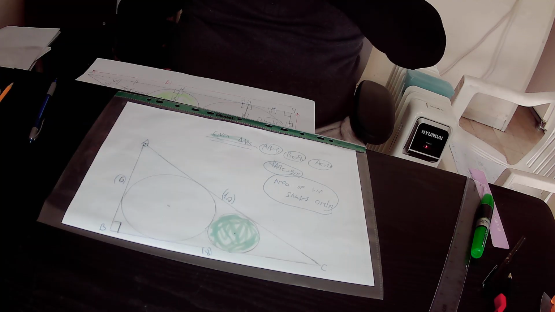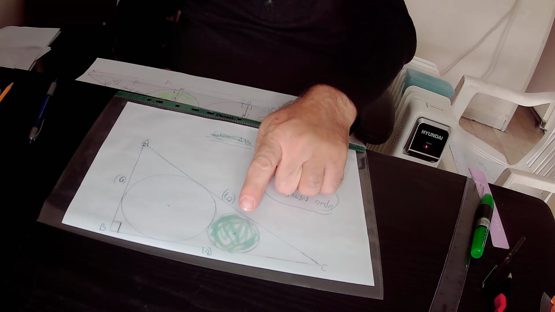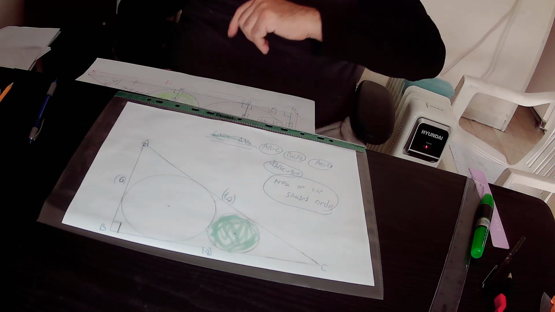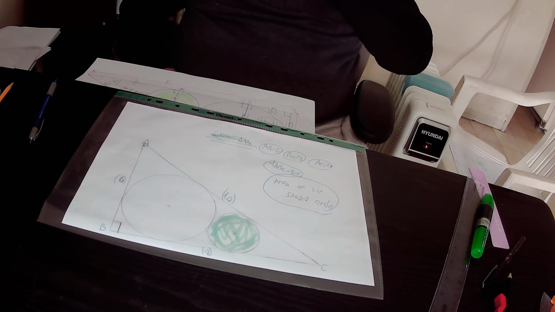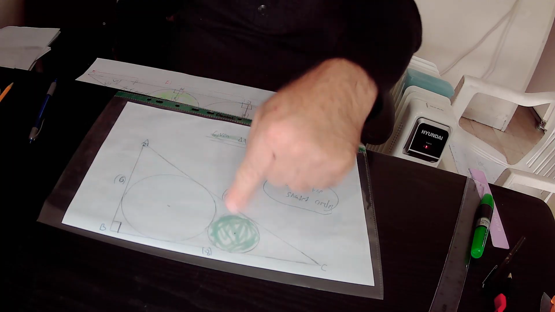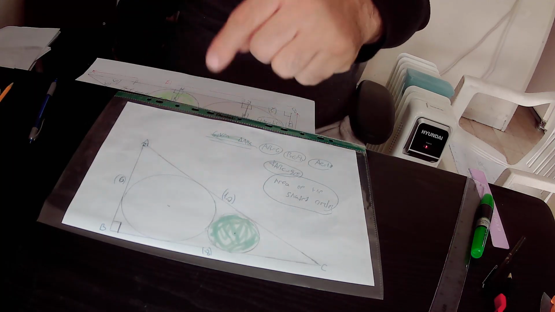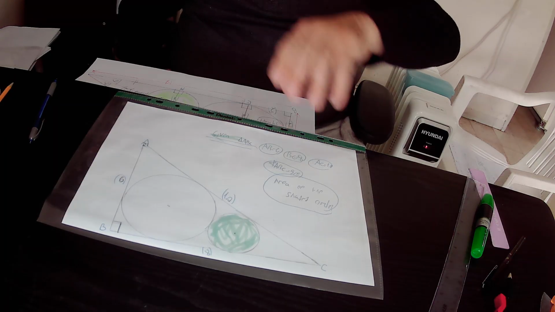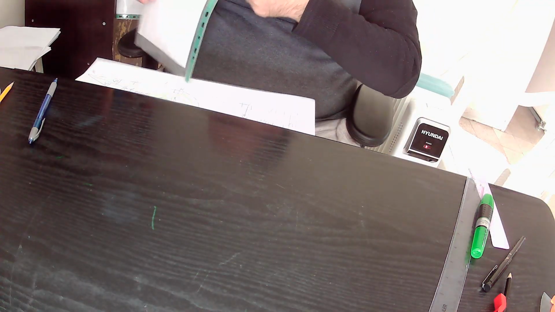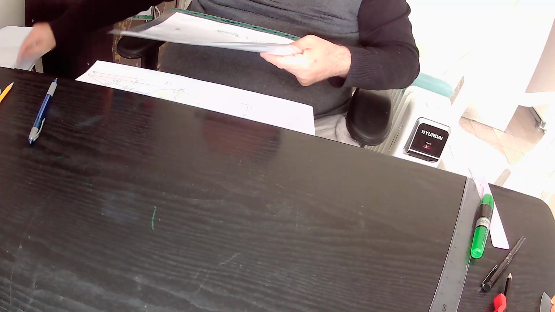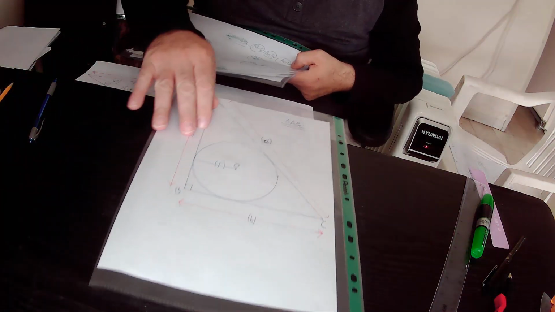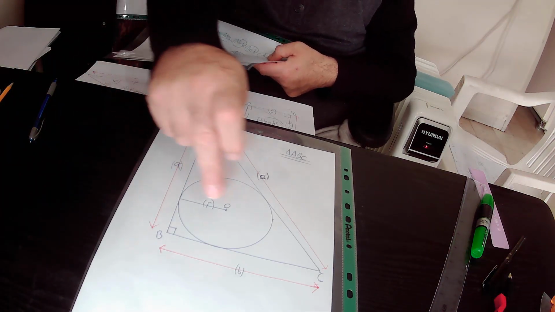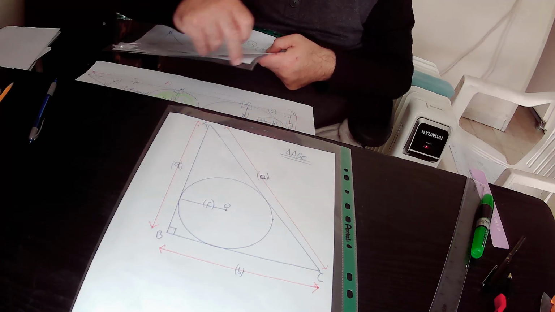So again, our task is to find out the area of this small circle. In the first step, we developed a formula for the radius of any circle that is inscribed by a right triangle. This is the right triangle ABC that could be any triangle.